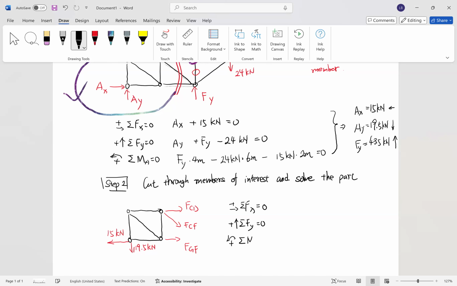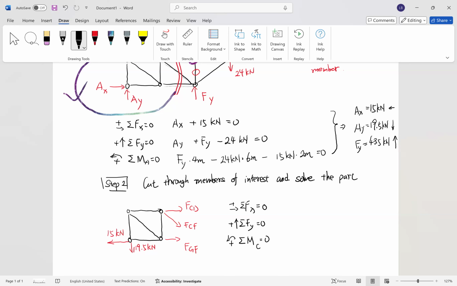Now, about which point would you like to take the summation of moment? Just look at the free body diagram and see which point has the lines of action of the most unknown forces crossing it. You may pause the video and think about that. It is C, right? It is the joint C here because the unknown forces FCD, FCF, and FGF all cross it. Now we can go ahead to list the equations of equilibrium.